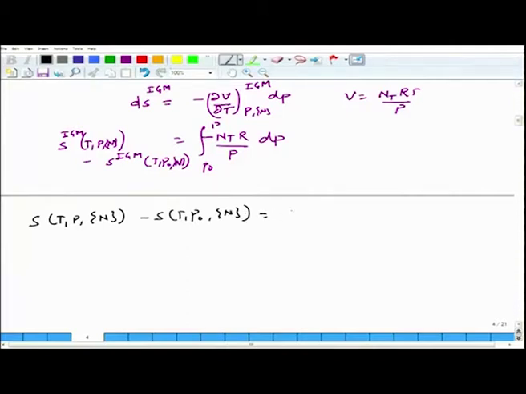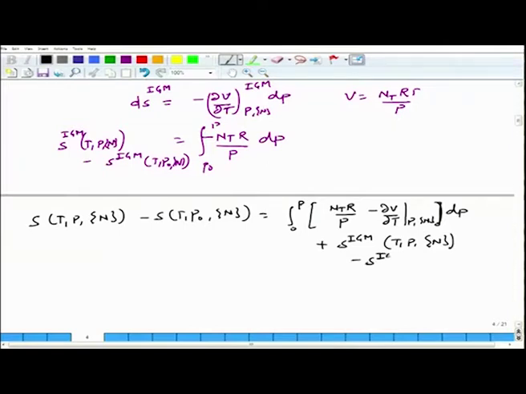And my right hand side expression now is plus S IGM at T, P and minus S IGM at T, P0, n.